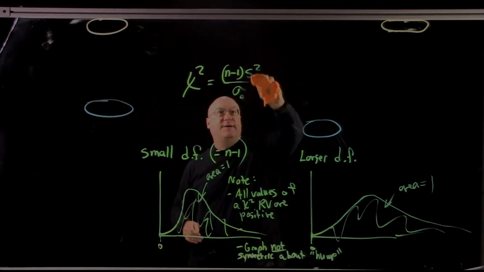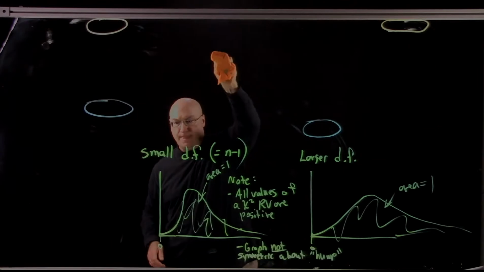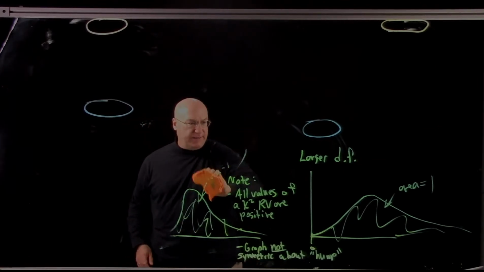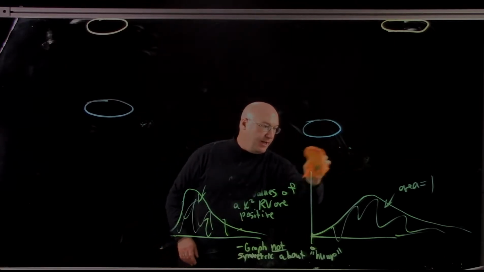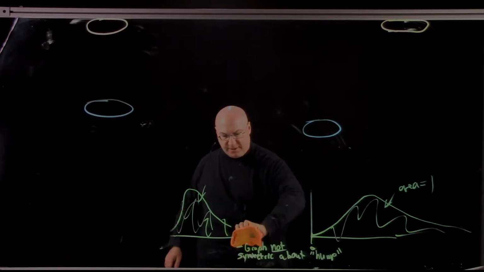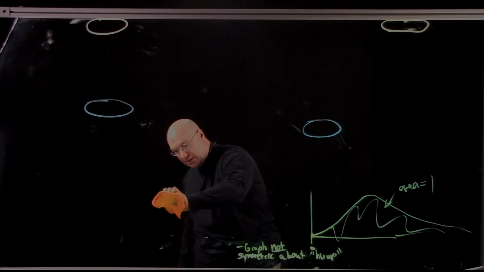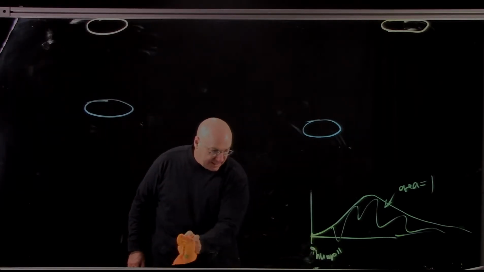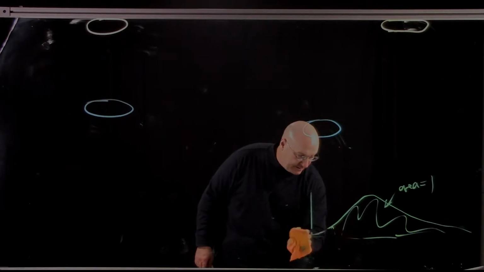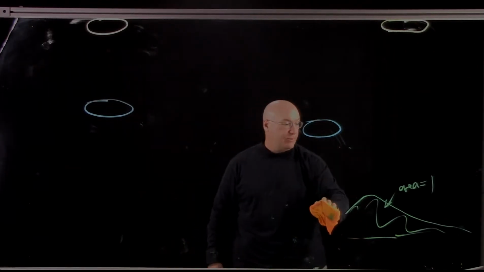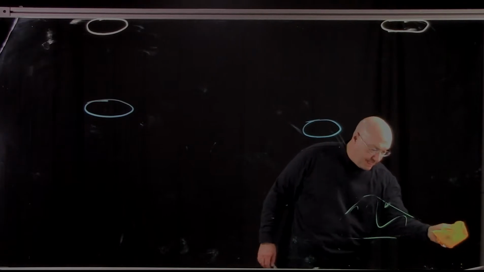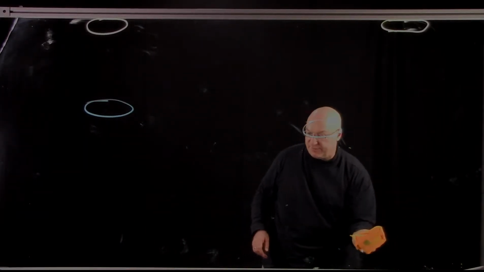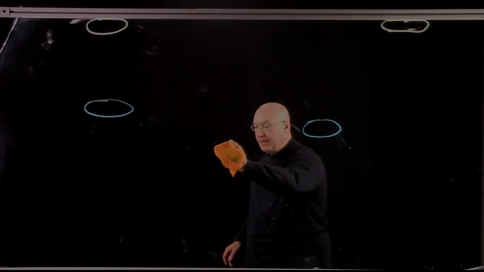So let me rub this out. And while I'm rubbing it out, I will explain that normally I have a screen right in front of me here, so I can see what I'm doing. I'm going to put up in a minute a slide that has the chi-square table on it, and normally I would be able to see that slide right here in front, and I could find what I'm looking for in it.